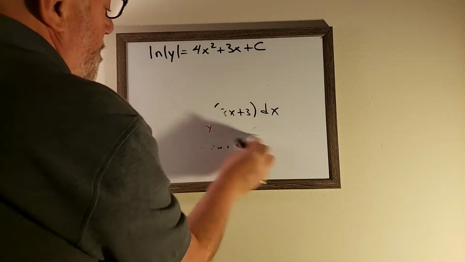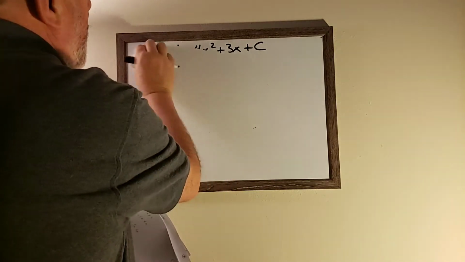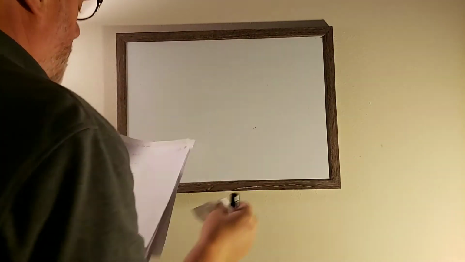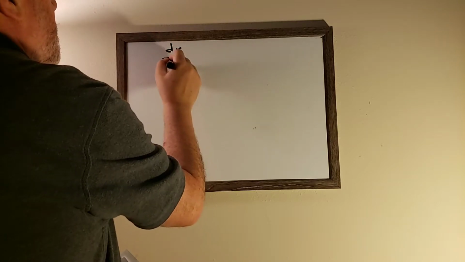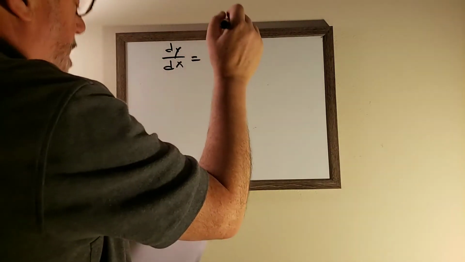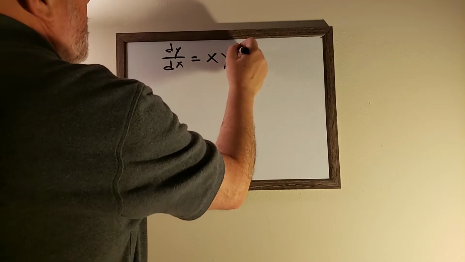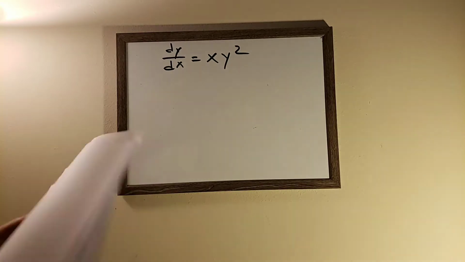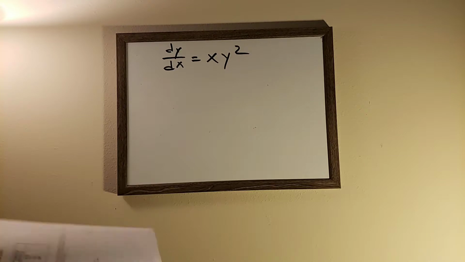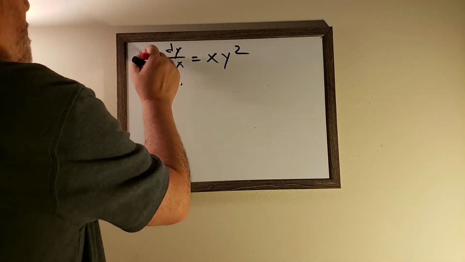All right. So let's look at a few more of this process. And so now we have this one, dy/dx equals xy squared. So again, with the same process, we want to get the x's together and the y's together. And so this one, if I go through each step individually, first take care of my dx.